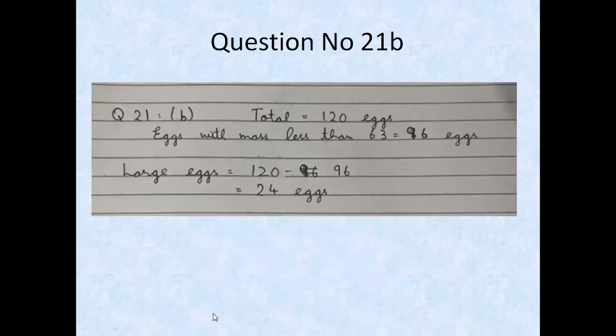Let me show you my paper. So the total eggs are 120. The eggs with the mass less than 63 are 96 eggs. So the eggs whose mass is more than 63 will be 120 minus 96, and that will be 24 eggs. I hope you understand question number 21.